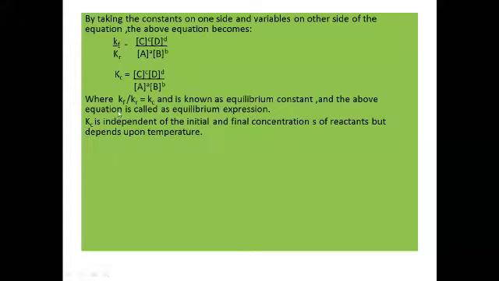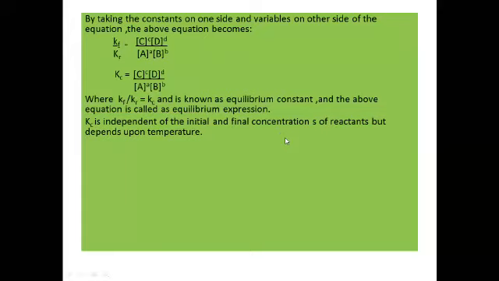The value of Kc is independent of the initial and final concentrations of reactants but depends upon temperature. This is a very important point for MCQs, where they ask the value of Kc depends on which of the following. They will give you different options: initial and final concentration of reactants, initial and final concentration of products, temperature, or pressure.